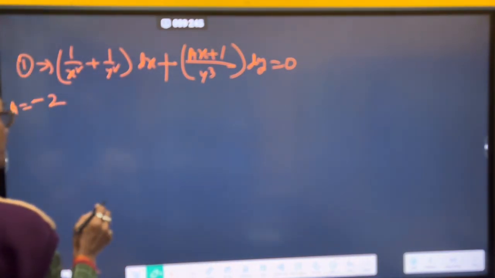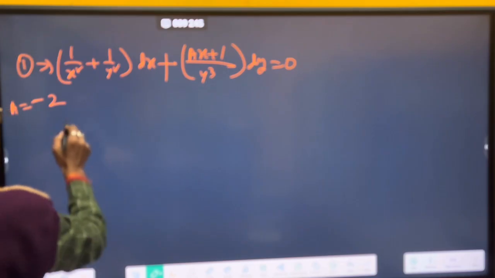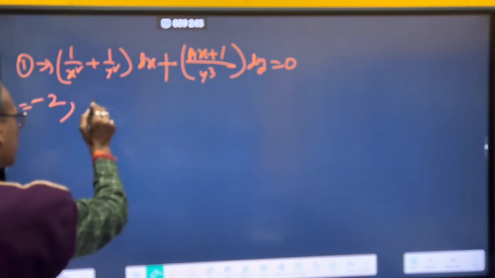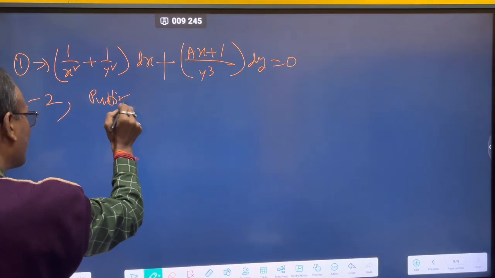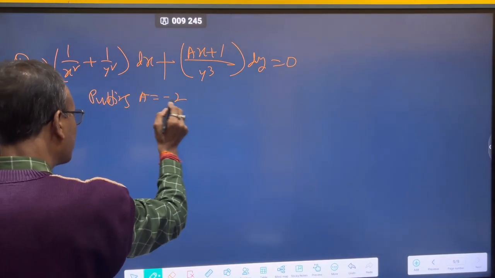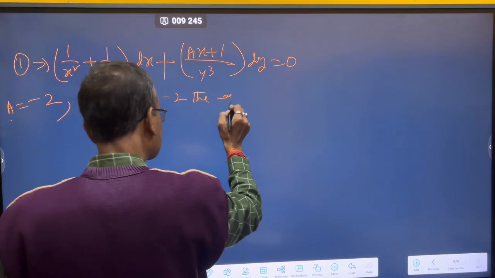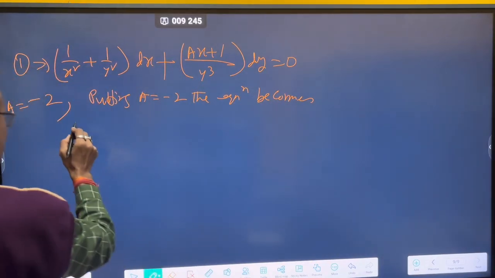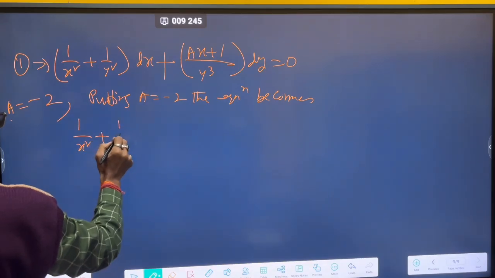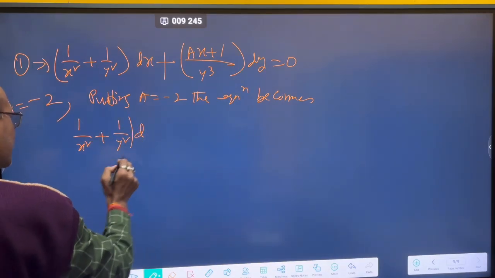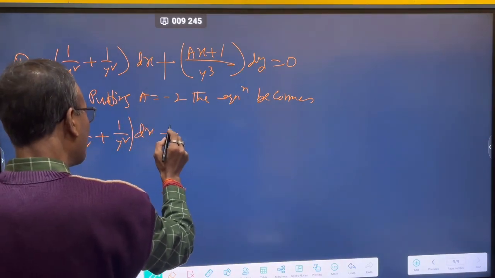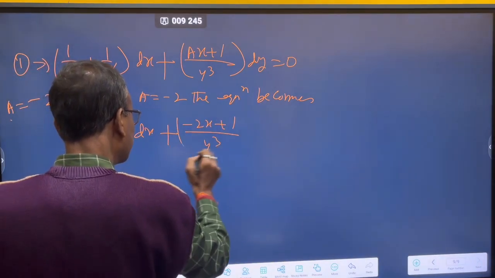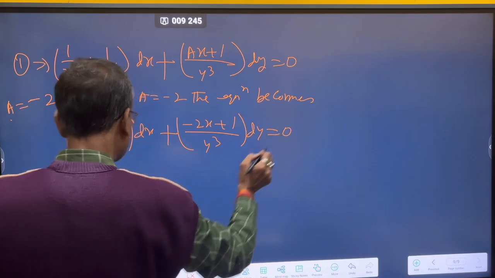Putting a equal to minus 2, the equation becomes (1/x² + 1/y²) dx + (−2x + 1/y³) dy = 0.